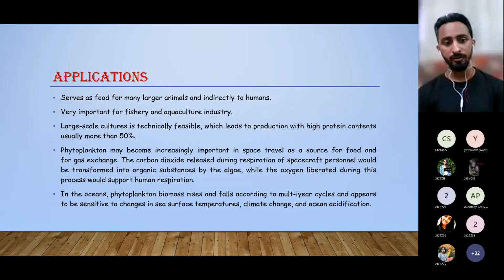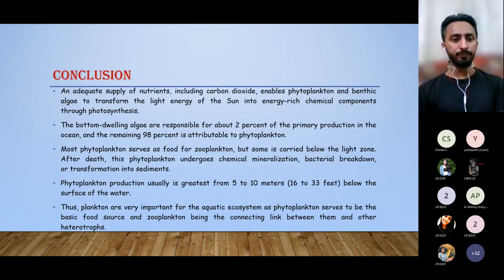Definitely, high productivity keeps the balance, and thus phytoplankton and zooplankton are equally important as they keep a balance for the organisms above them in the food chain. So, coming to the conclusion part of today's talk.